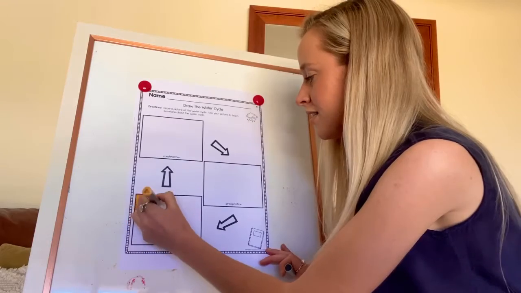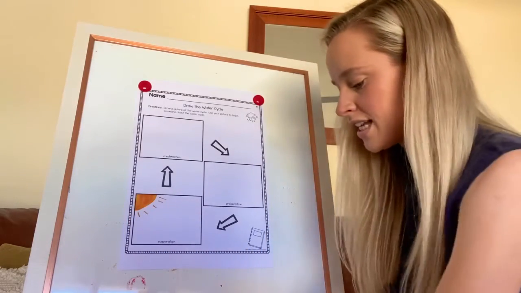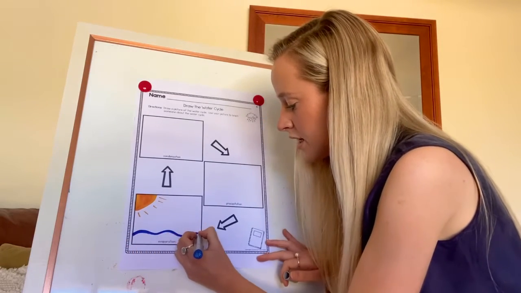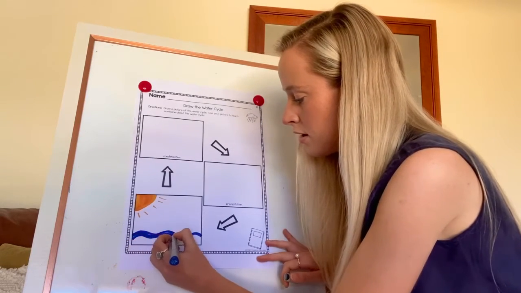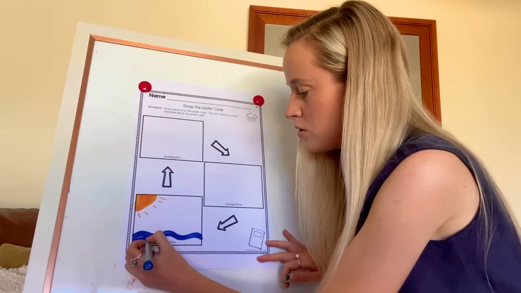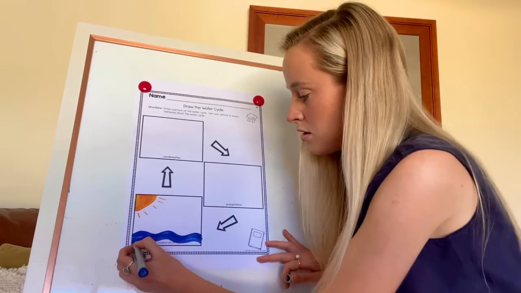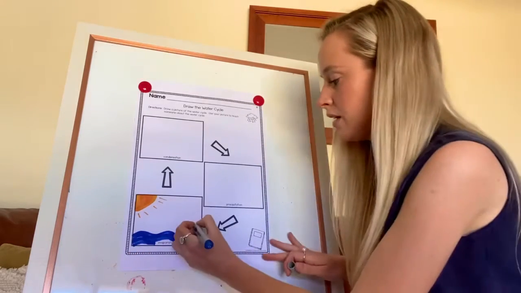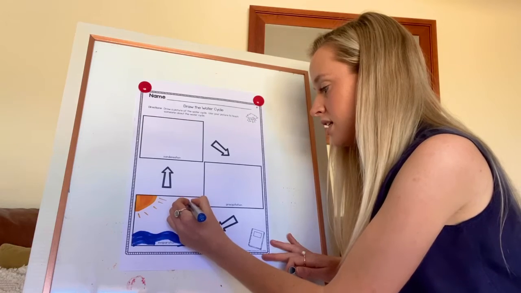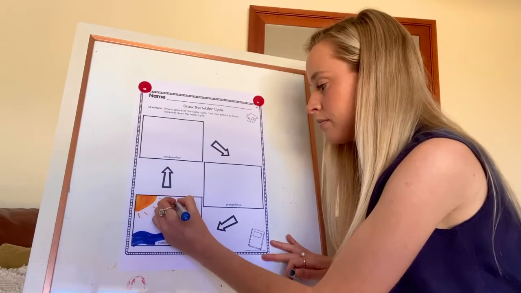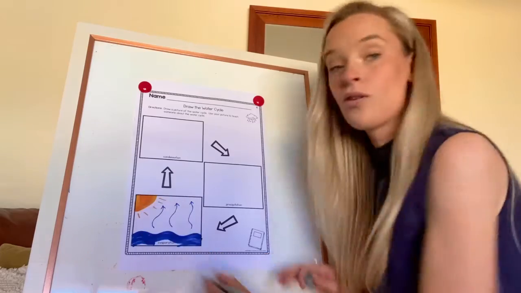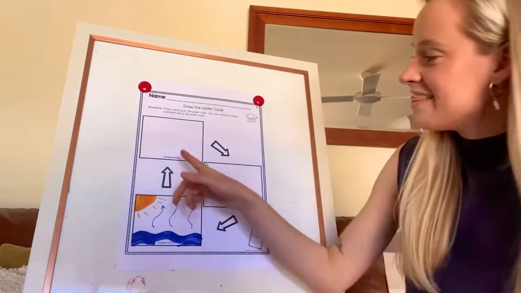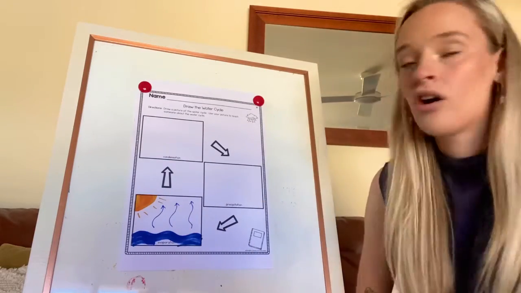So the sun heats up a body of water, down here like that. And the water turns into a gas. Here we go. And it rises up into the sky. The gas is called water vapour. Can you say water vapour? Good job. And then our next stage is condensation.